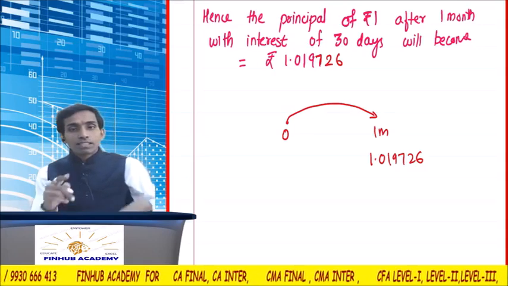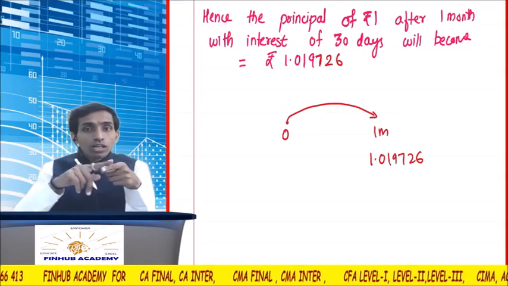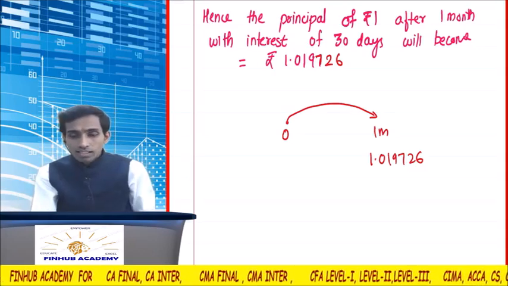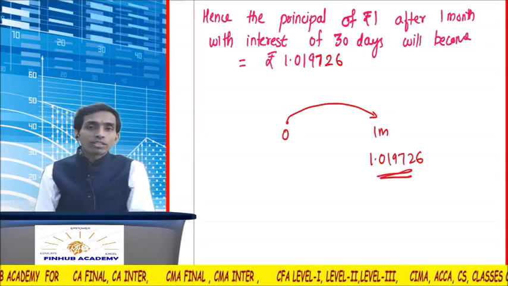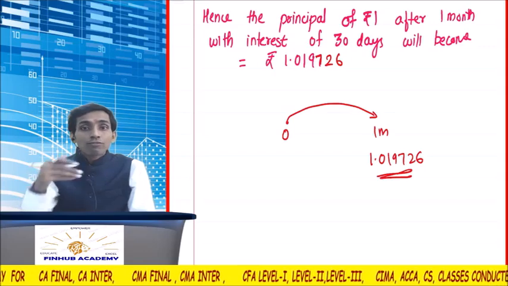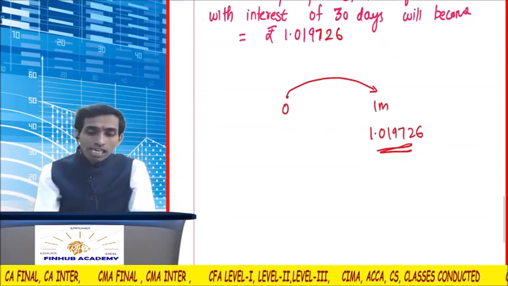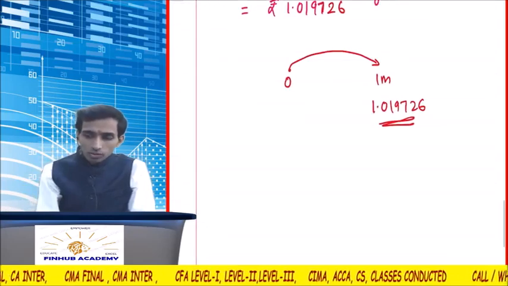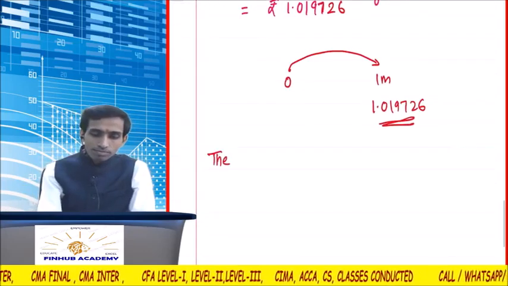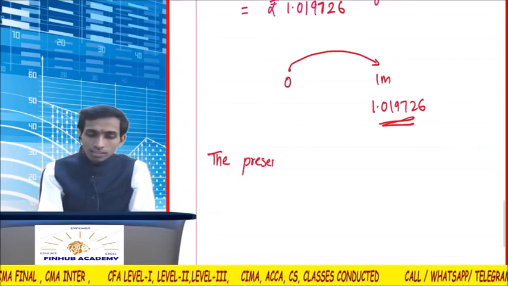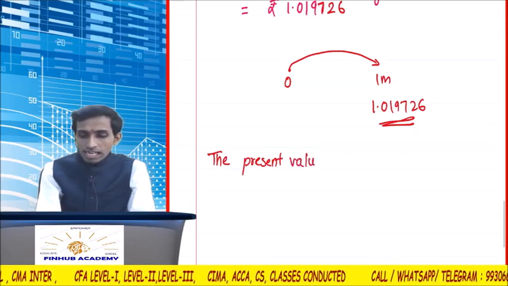Right? If I sell you 1 rupee goods, on that I want to charge you interest. So this is the amount due on your account. Correct? If today you are going to pay me, how much will I take? The present value as on today.